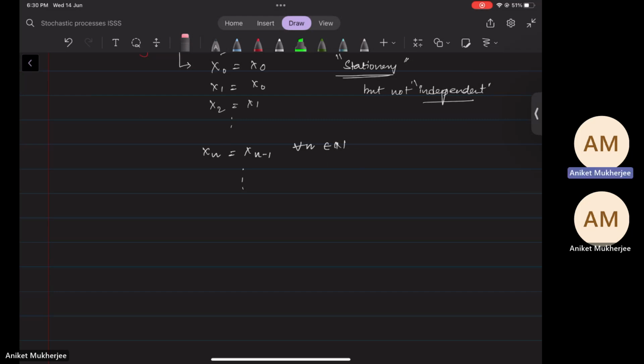Next, I want to introduce a concept known as the independent increment property.